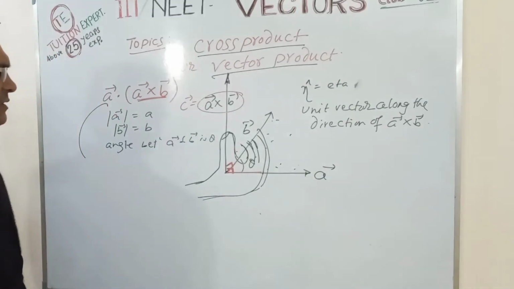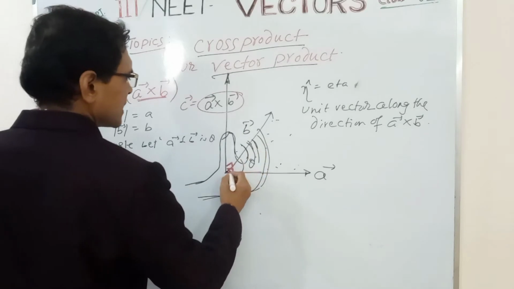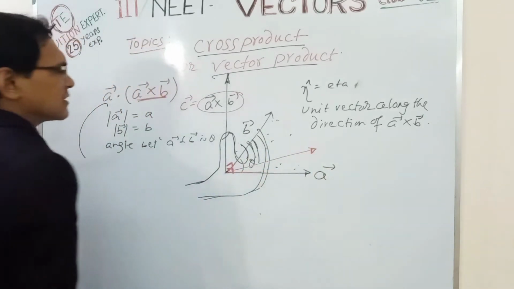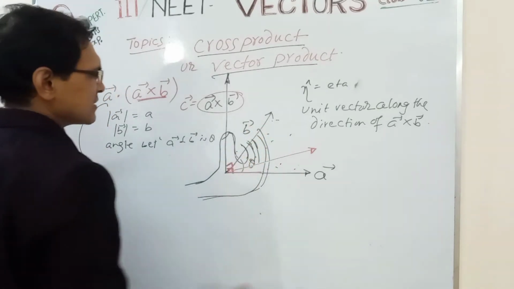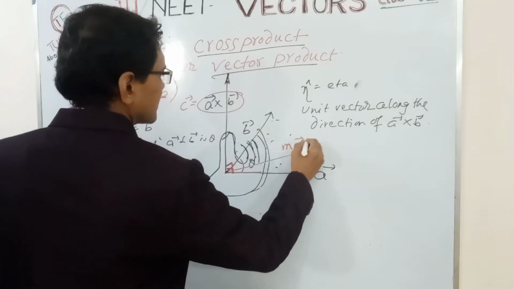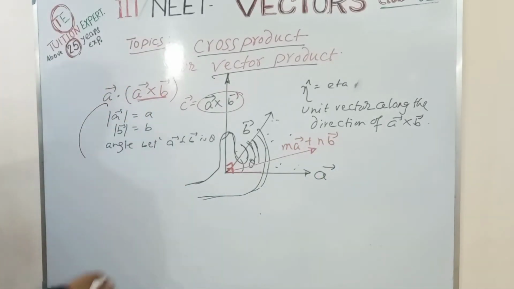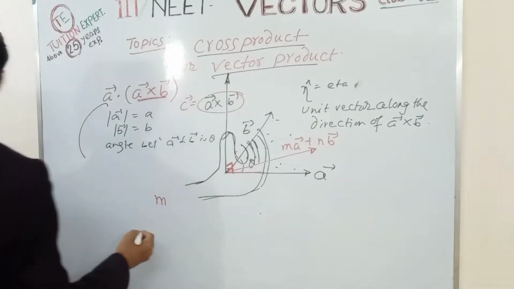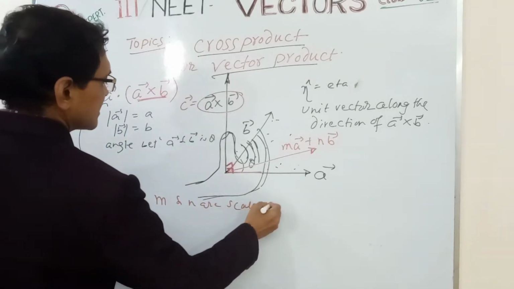Now any vector in the plane containing A and B, suppose this is a vector in the plane in which A and B lie, is mA plus nB, where m and n are scalar quantities.